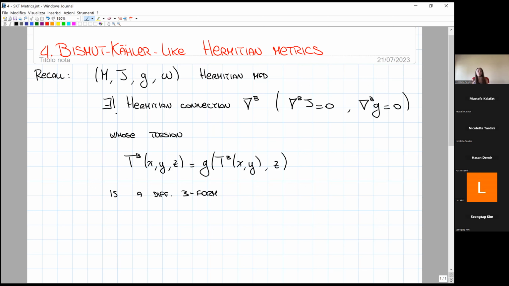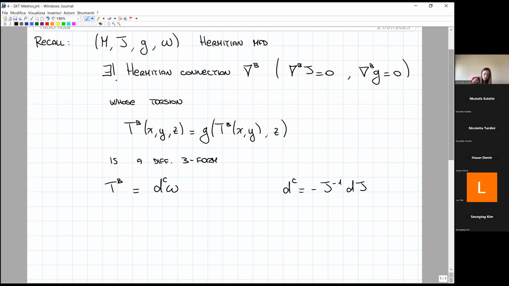So the torsion is totally skew symmetric. In fact, we said that this torsion coincides exactly with d^c of omega, where d^c was minus J d J, and we call this connection the Bismut connection.